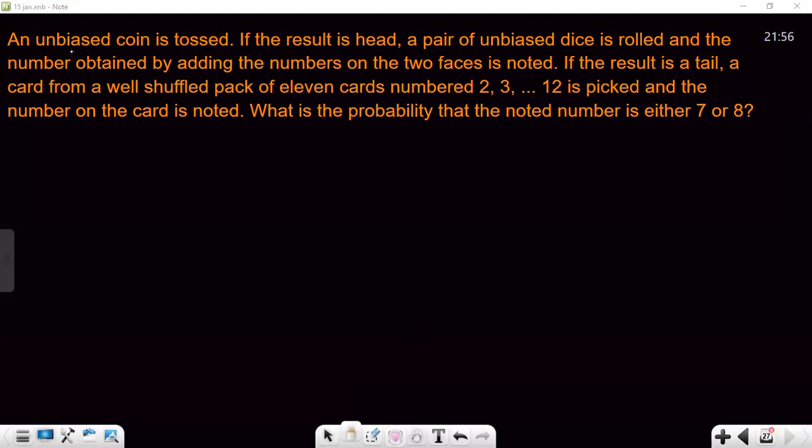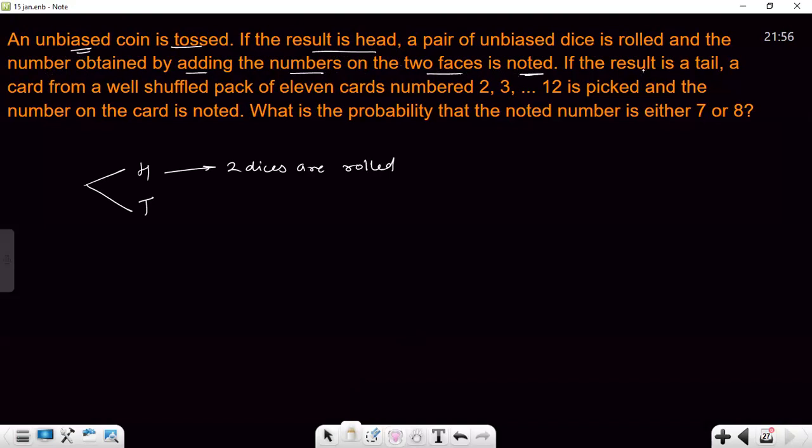The question: an unbiased coin is tossed. If a coin is tossed, there are two results, head or tail. If the result is head, a pair of unbiased dice is rolled, and the number obtained by adding the numbers on the two faces is noted.